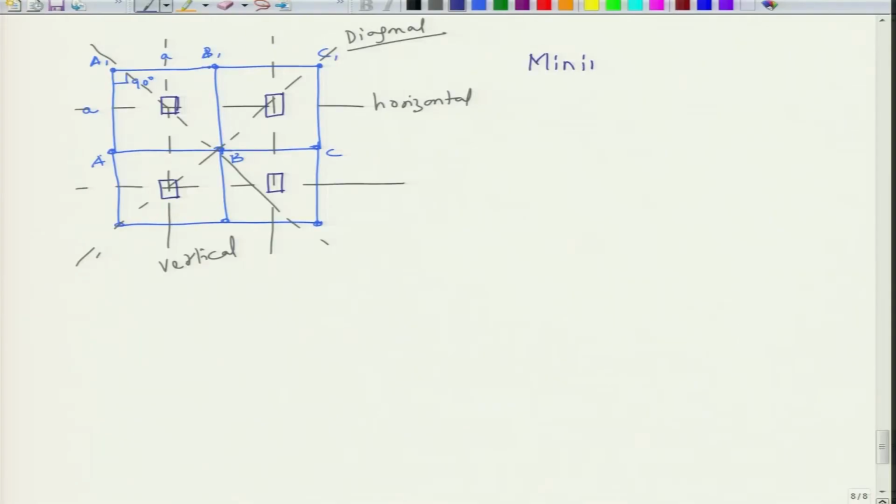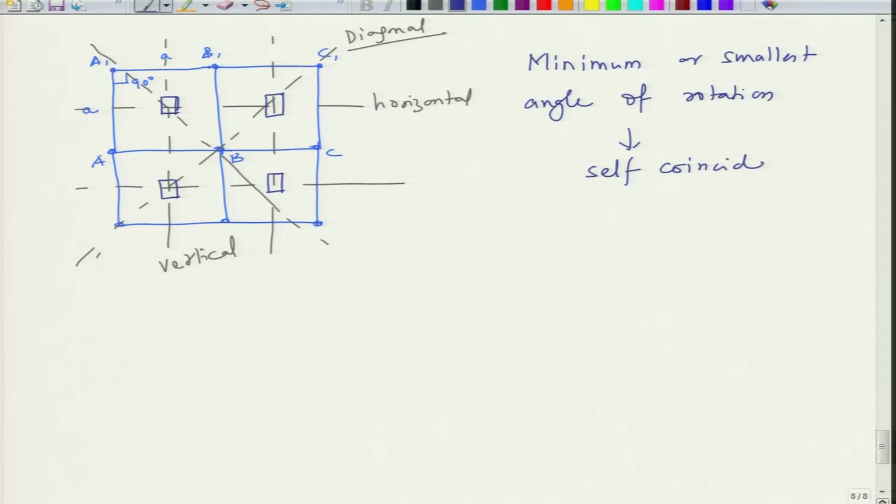But what is the minimum or smallest angle of rotation which will allow you to have self coincidence? So this is called rotational symmetry.